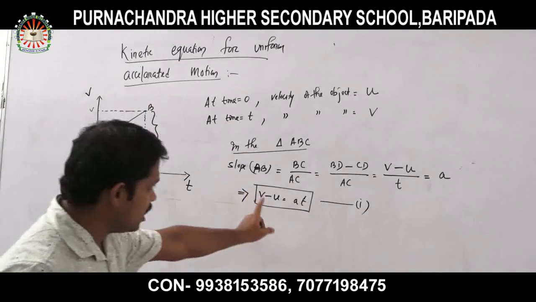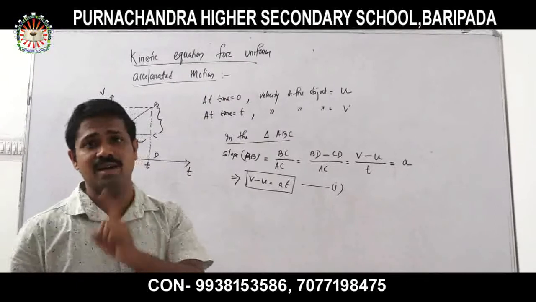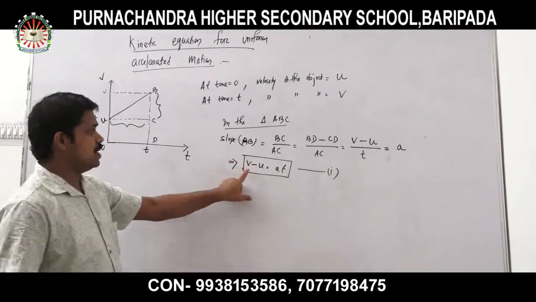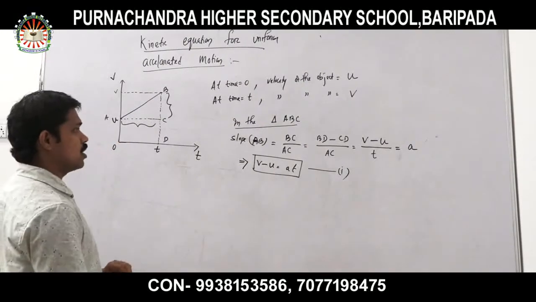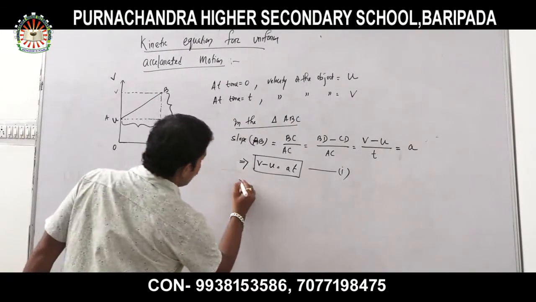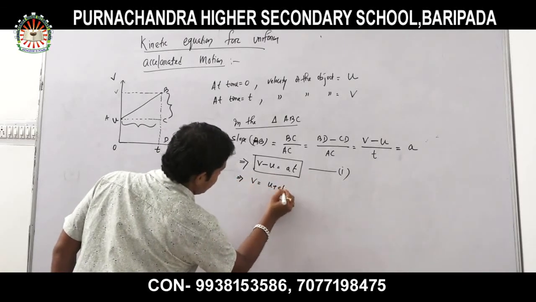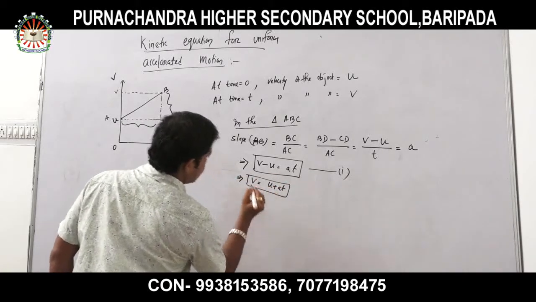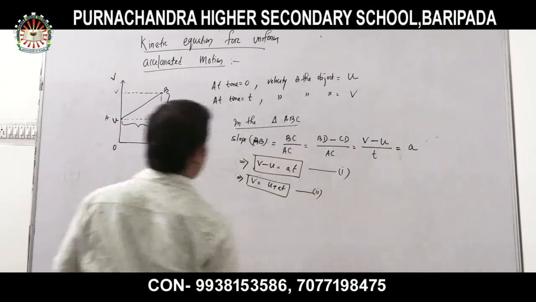This is the first kinematic equation of motion, for uniformly accelerated motion. Or simply, if I rearrange it, V is equal to U plus AT. Same thing. Clear?